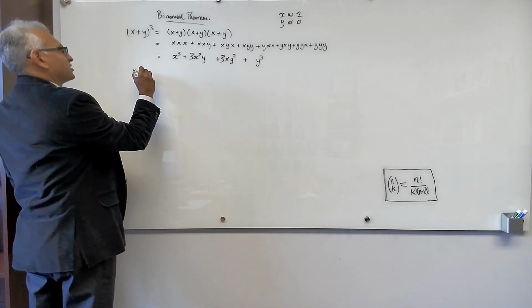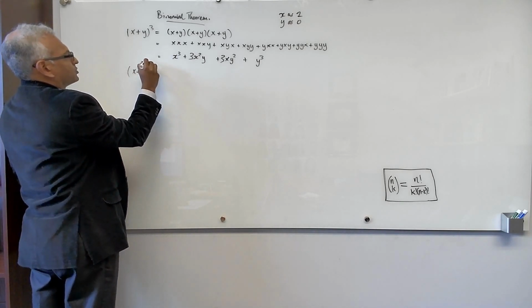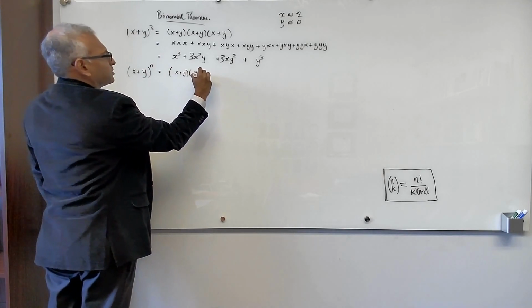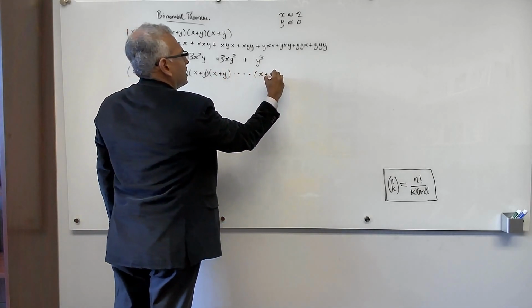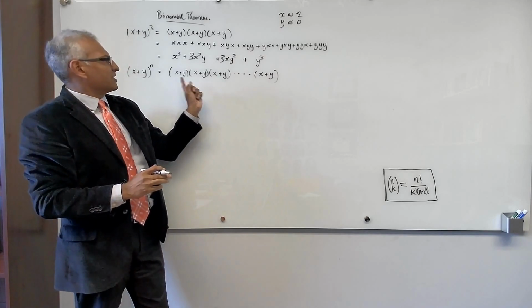So let's go straight to the general version, (x + y)^n, generalizing from the cube. That's equal to (x + y)(x + y)(x + y) and so on, n factors. In exactly the same fashion, I'm going to get sequences of length n.